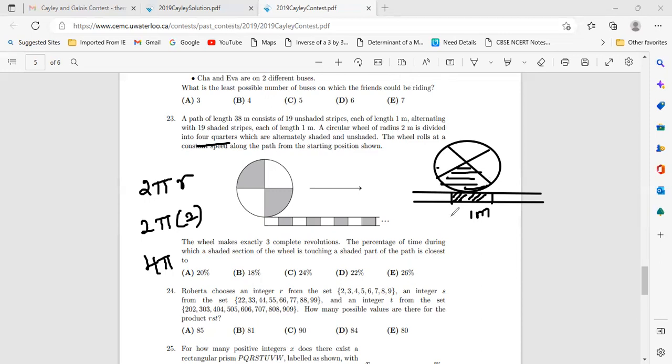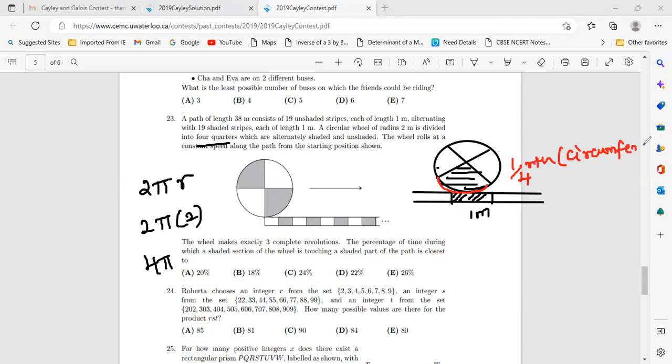So this is how it will happen. The shaded section of the wheel is touching the shaded part of the path. So if you notice, only 1/4 of the circle circumference is in contact.